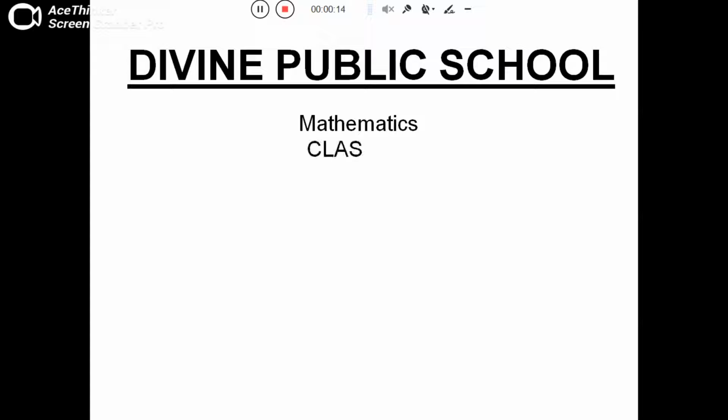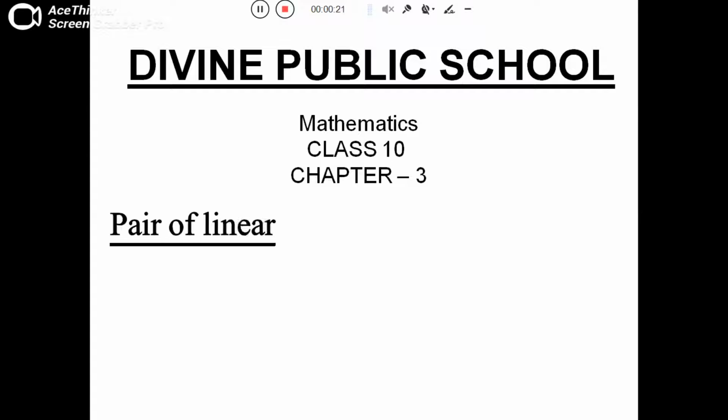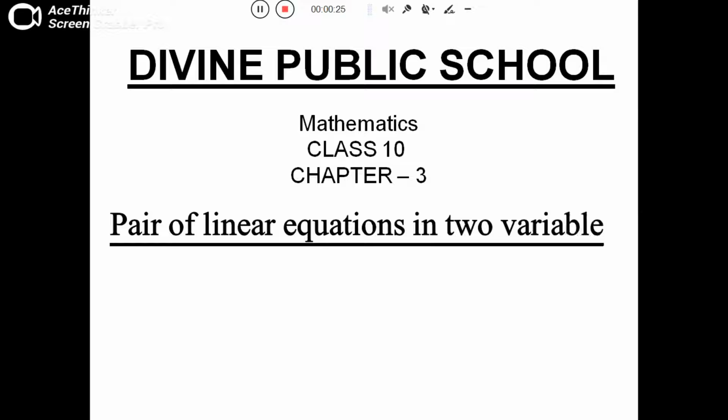Subject Mathematics of class 10th and chapter number 3, which is pair of linear equations in two variables. So children, this is part number 3.